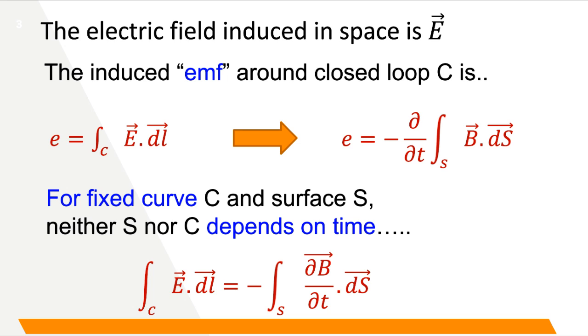Therefore the open surface is not going to be changing. So that is the idea. For a fixed curve C and surface S, neither S nor C depends on time, their values do not change. Therefore, I can equate this first and I can take this dou by dou t inside. First I equated and then I took dou by dou t inside.